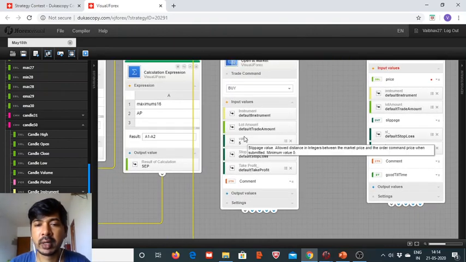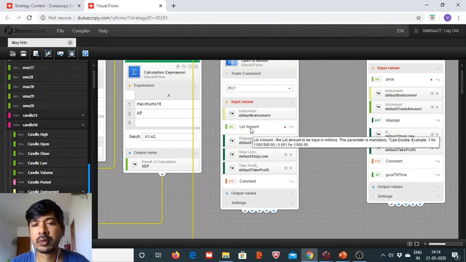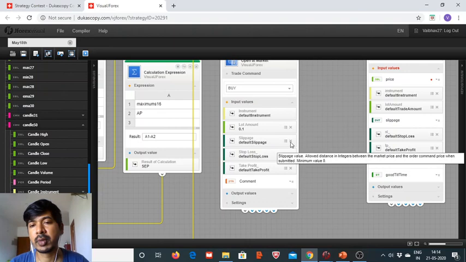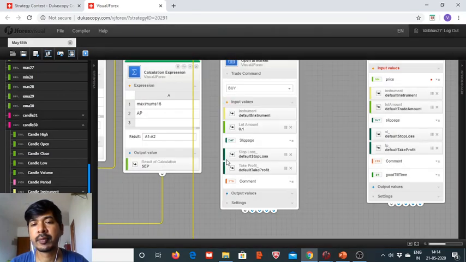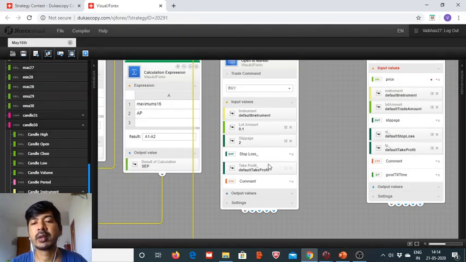So here we take the default value of 0.1 million. Slippage remains at 2 pips. Stop loss, we have defined it yesterday only.